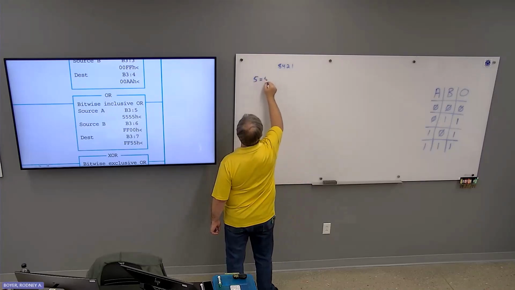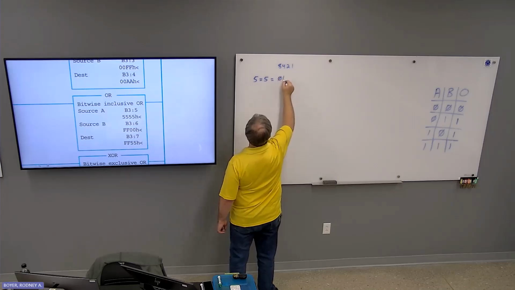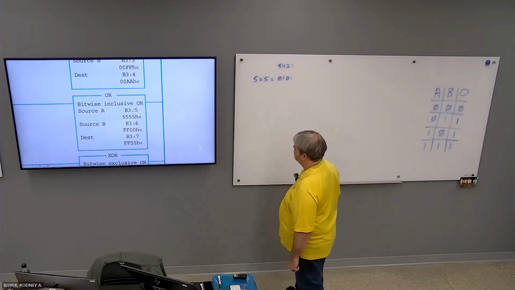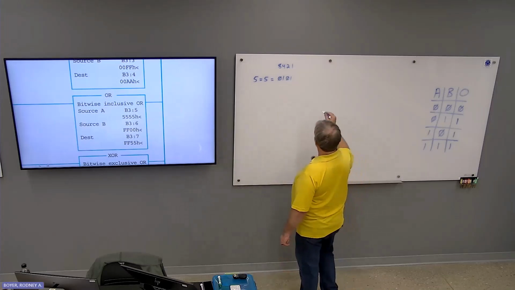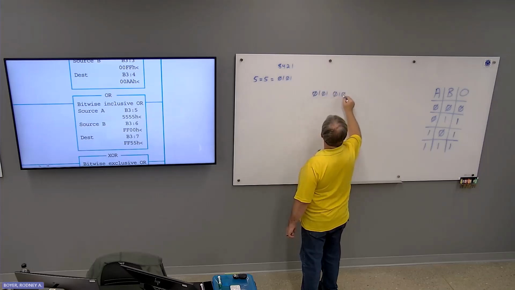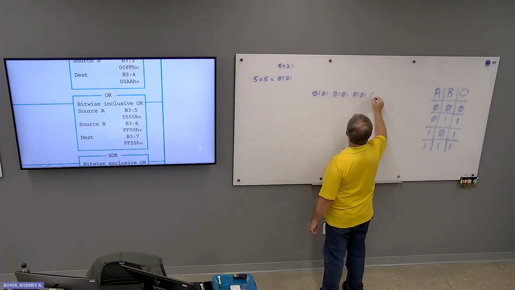So 5 hex is 5 decimal. That's going to be 4 plus 1, right? So 0, 1, 0, 1, 1, 0, 1, 0, 1, 0, 1, 0, 1, 0, 1.